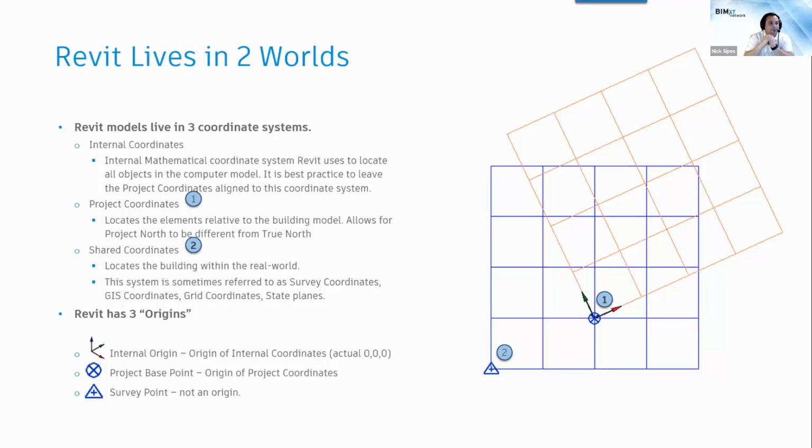So in a perfect world, everyone's on the same shared coordinates. In the real world, that's the joy of Revit, it's designed to be able to handle multiple shared real world coordinate systems.